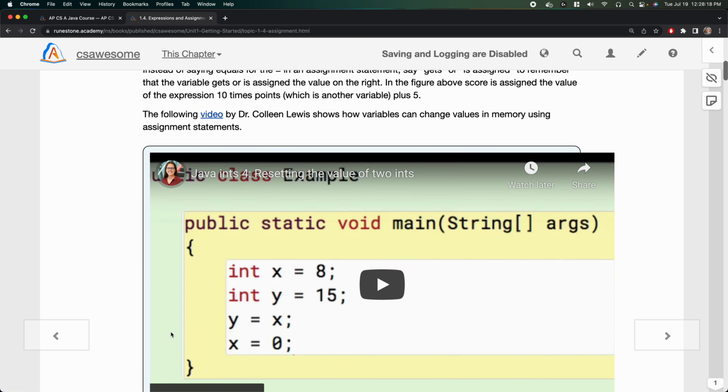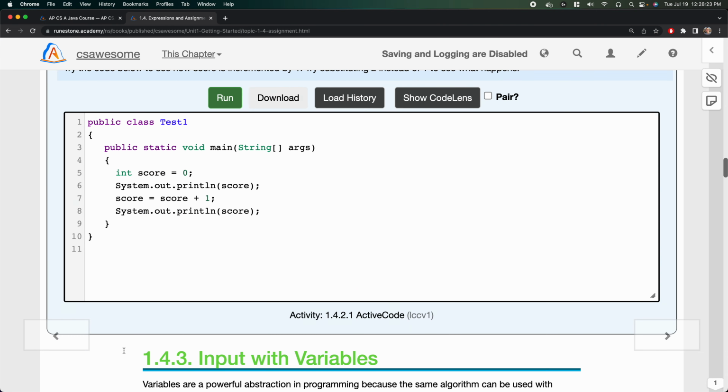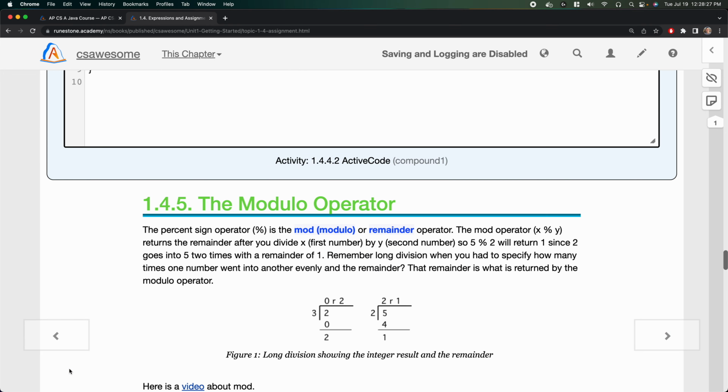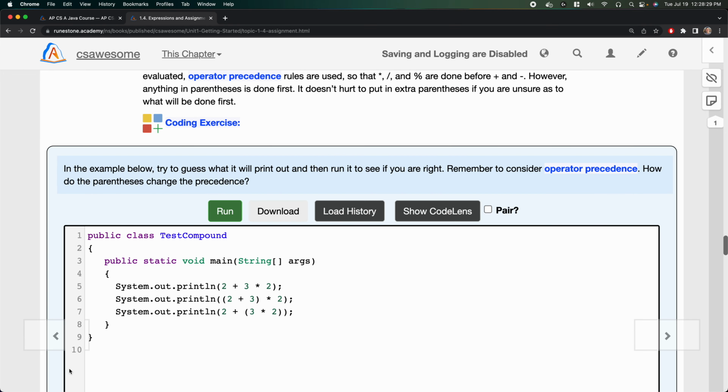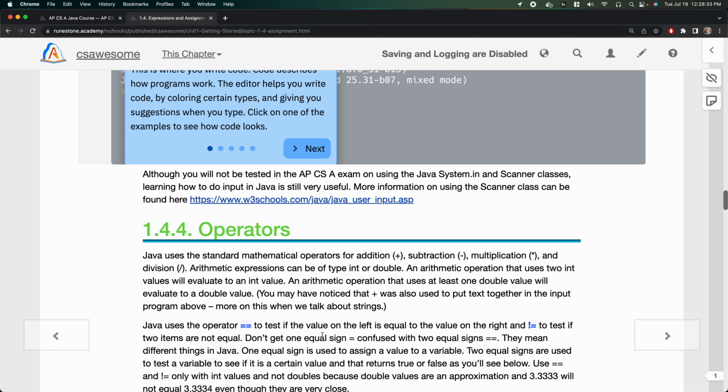So let's do this in somewhat reverse order here. They talk about assignment statements first. Not going to worry about that right now. Where do they get to expressions? Exactly. So somewhere in here they're talking about expressions. And the word they use is operator.